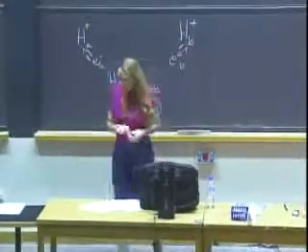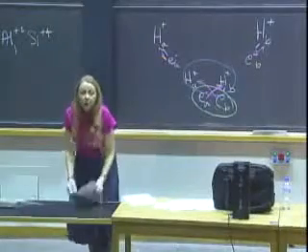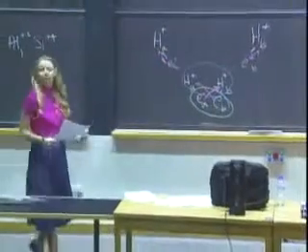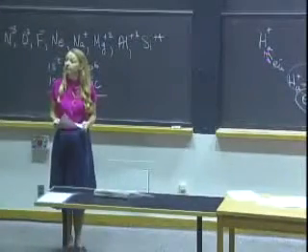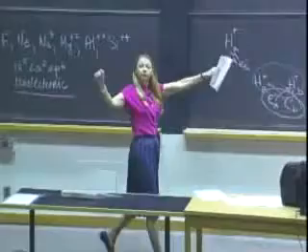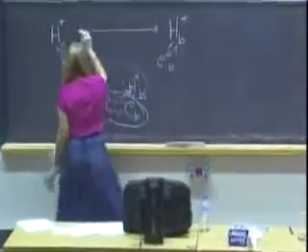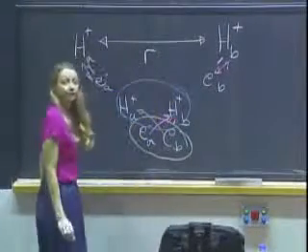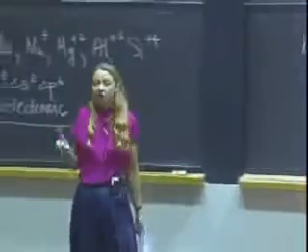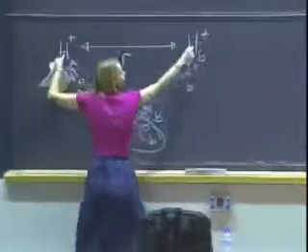First thing I'm going to do is draw the energy of interaction as a function of the distance between the two hydrogen atoms. I'm going to call the distance between them R. So now I've changed my definition of R. R is the distance between the two nuclei.